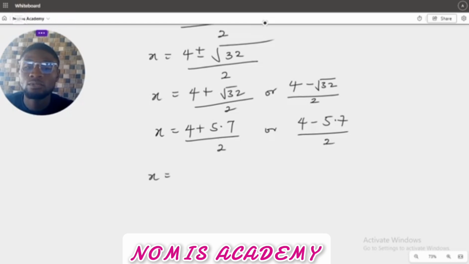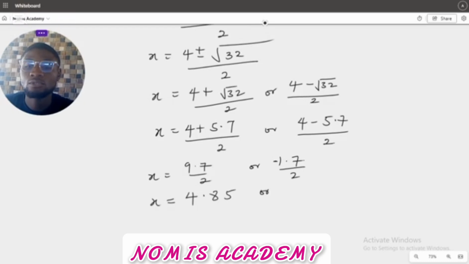So x is equal to 9.7 divided by 2, or 4 minus 5.7, that should be 1.7. Remember, when you subtract a bigger number from a smaller number, you have a negative, so that is minus 1.7 divided by 2. If you divide 9.7 by 2, you should have 4.85, right?